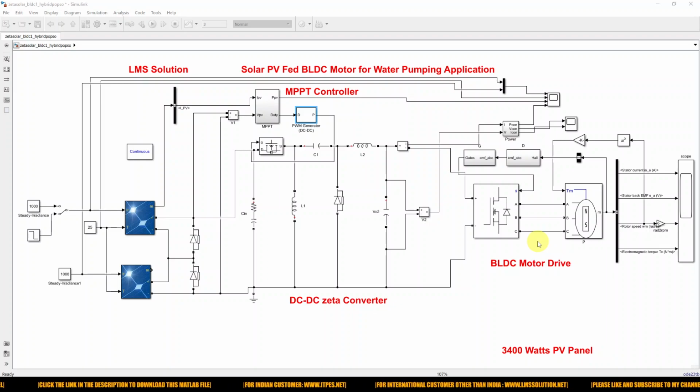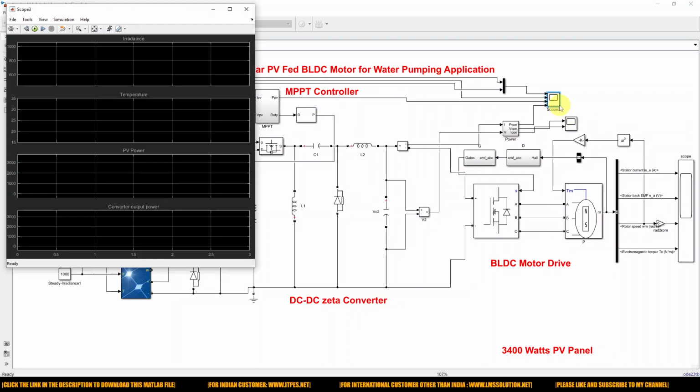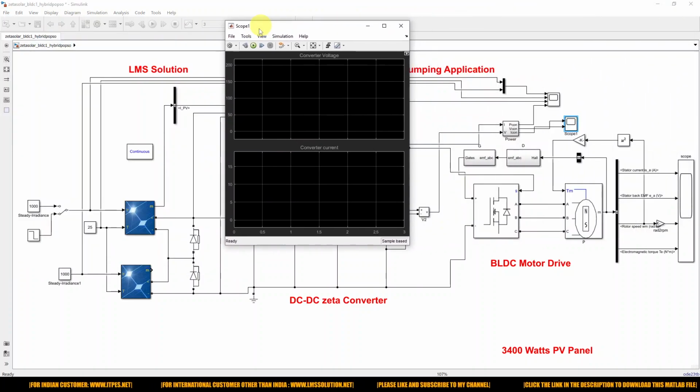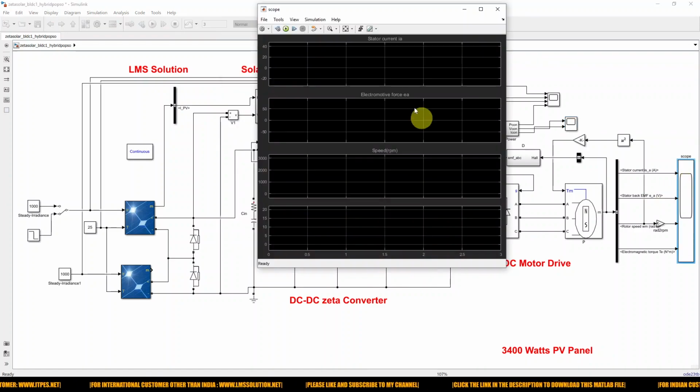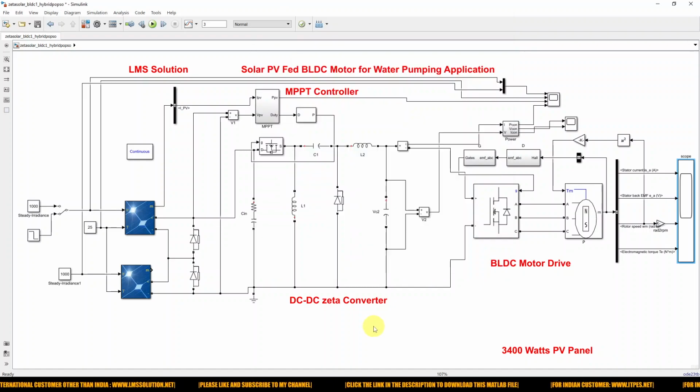And here we have measured different parameters like the irradiation of the two solar panels, temperature, PV power and output power from the Zeta converter. And then here we measure the converter output voltage and current. So here we are measuring the stator current of the BLDC motor, EMF, speed and torque of the BLDC motor.